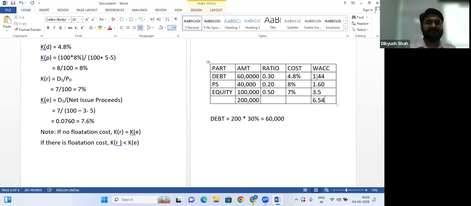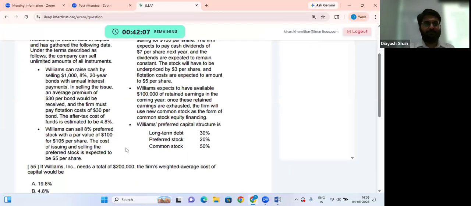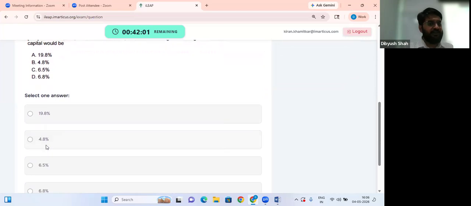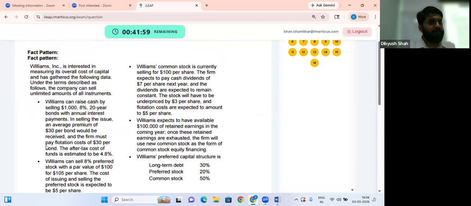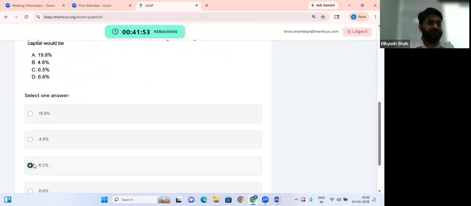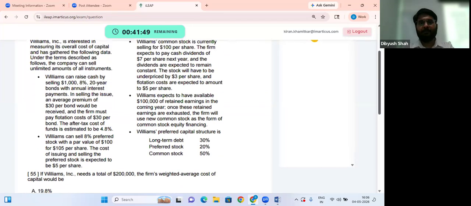See, this is how it is calculated for a lengthy question. Generally, if they are asking you weighted average cost of capital, it's closest to 6.5. If they are asking you in such a lengthy question, they will not ask you to calculate all. That's why they gave you cost of debt. So it is 6.54 or 6.5. Clear?